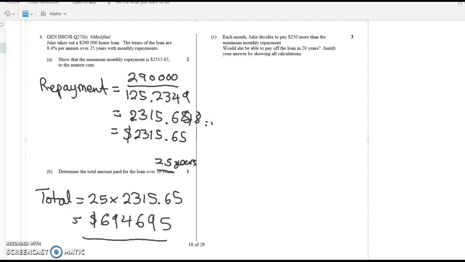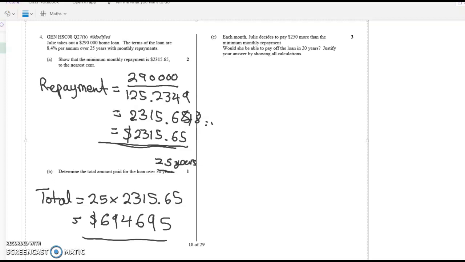Okay, part C. Each month, Julie decides to pay $250 more than the minimum monthly repayment. So she has to pay the minimum amount over here, but she's paying $250 more. The question is, would she be able to repay the loan in 20 years? So rather than 25-year loan, could she repay it in 20 years?